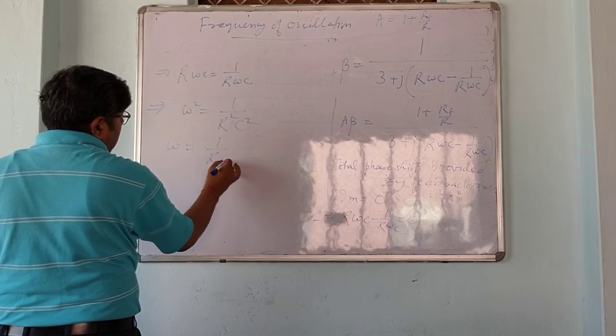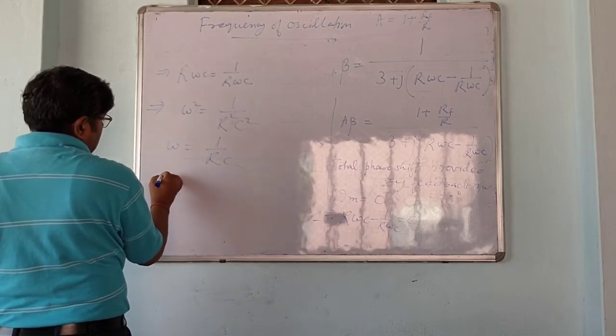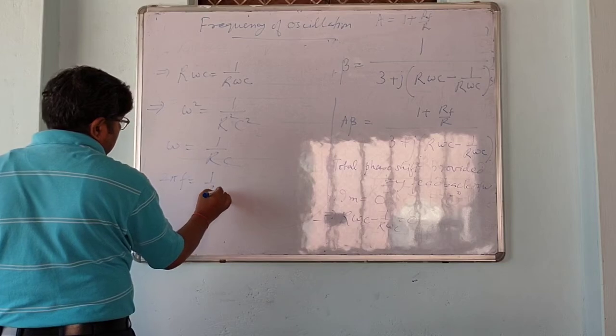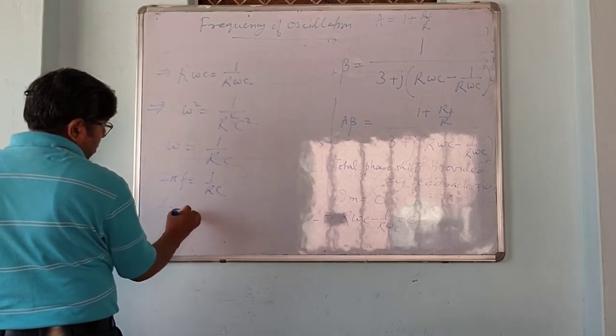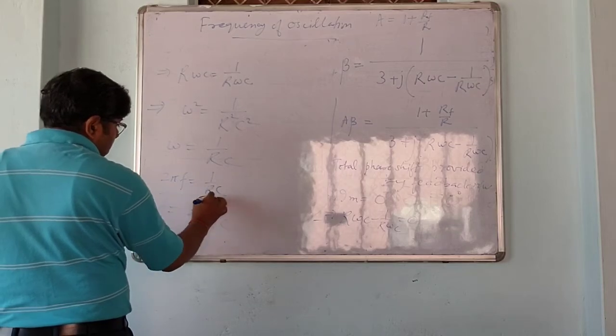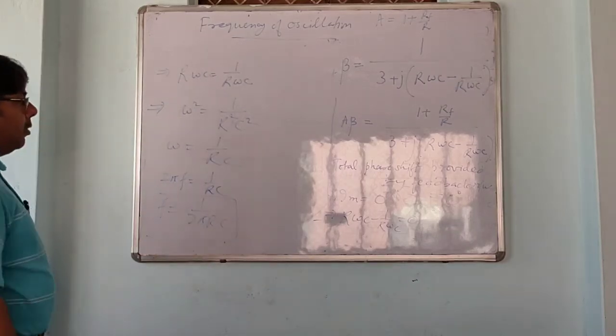Omega equals 1 upon RC, or f equals 1 upon 2 pi RC. So this is the frequency of oscillation.